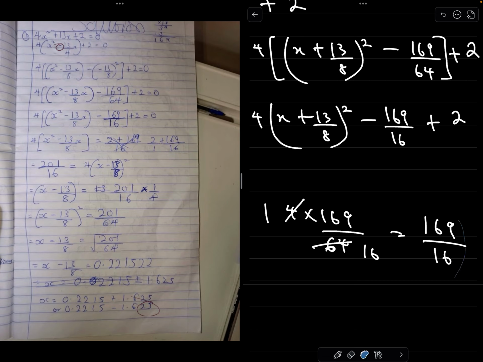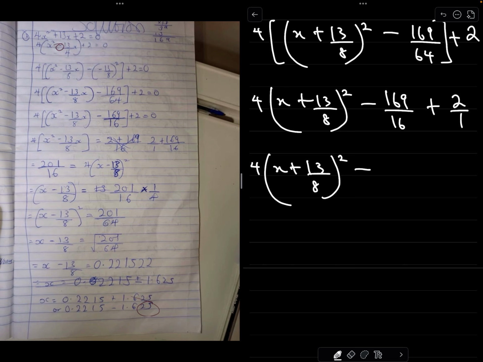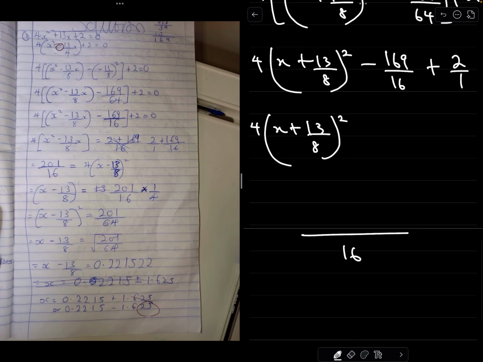So that simply means 4 into bracket x plus 13 over 8 all squared, minus, then we can even put these two together. Let's find the LCM, which is 16. 16 and 16 is 1 times minus 169, that's minus 169, plus 16 divided by 1 is 16 times 2, that's 32, plus 32.